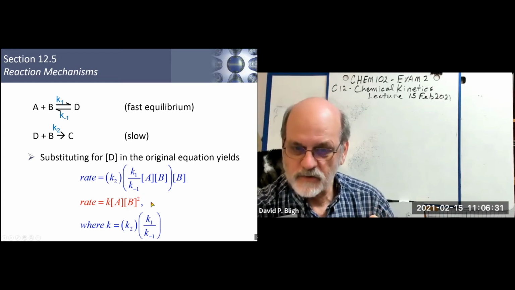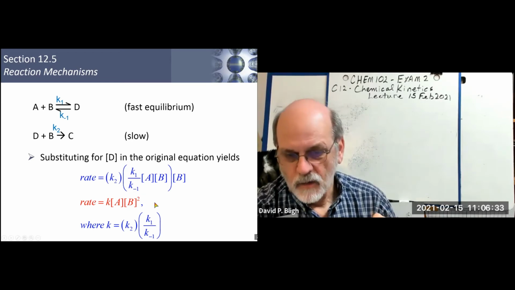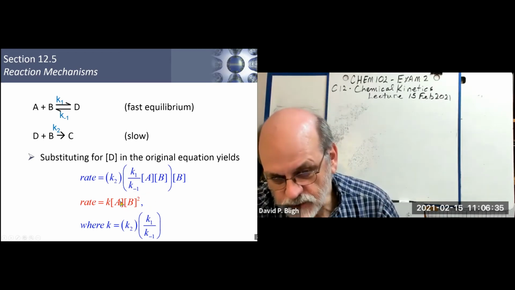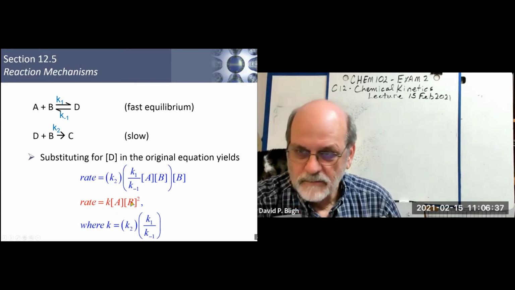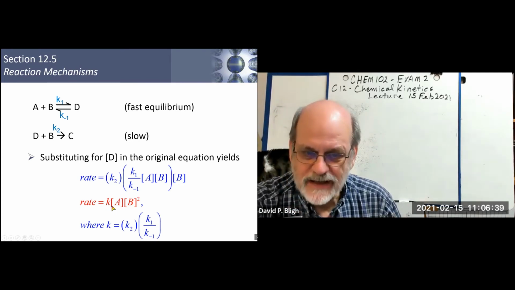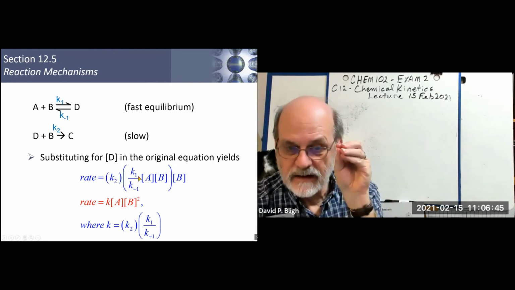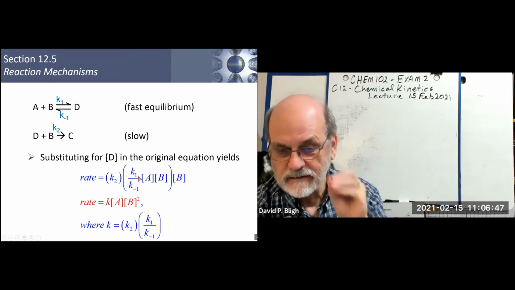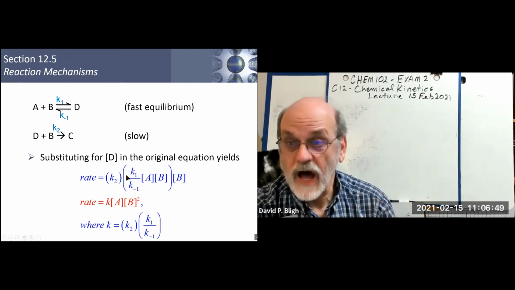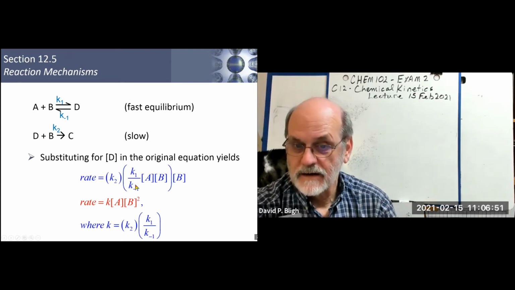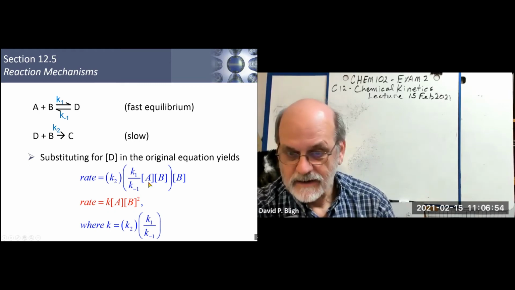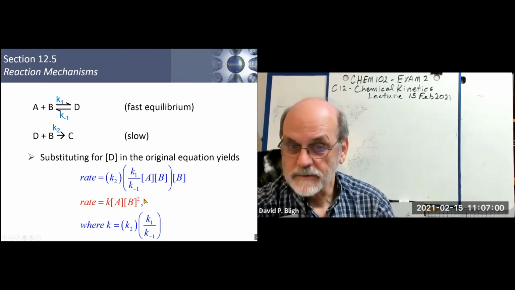So now that gives us what? Well, that gives us this rate law, but in case you don't realize what I just did, this one and this one and this one are combined into a single K, right? They're all constants. So they become K times the rest of the equation, which is A times B squared.